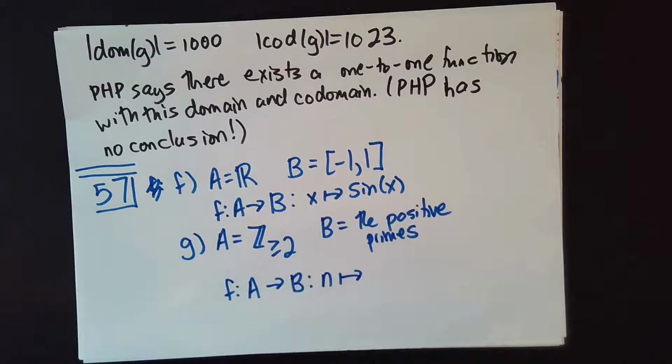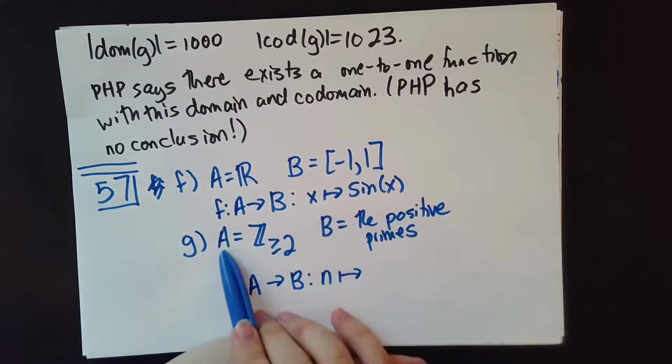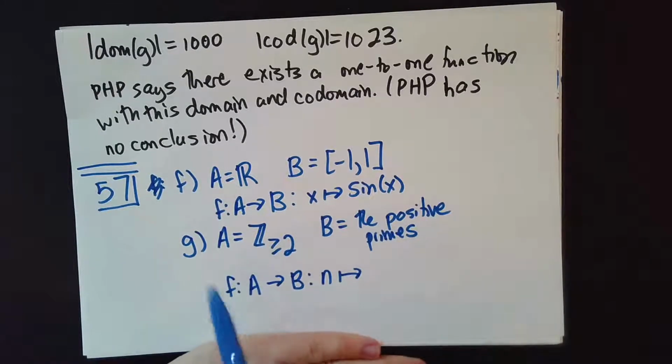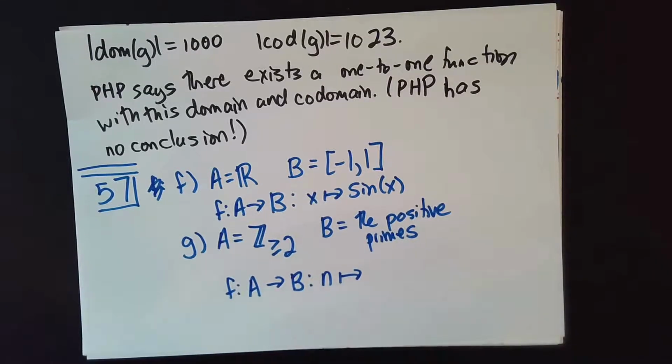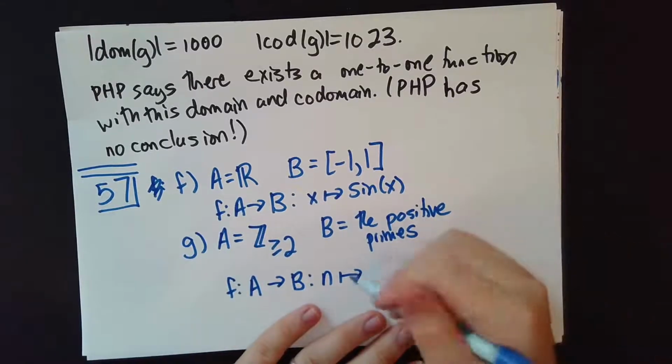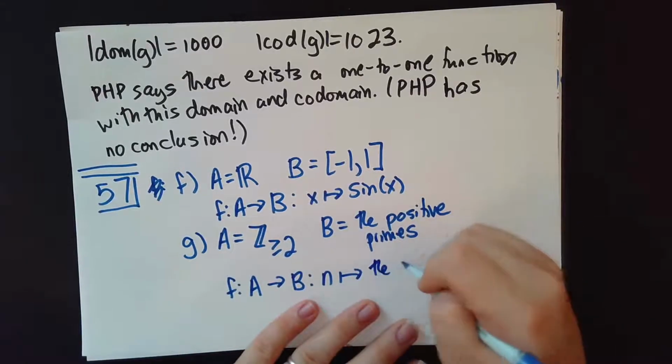Indeed, no one knows a reasonable formula that always outputs primes that looks like one of those sort of algebraic things. But I certainly know that every integer is related to primes. Namely, every integer factors into primes. And so if I were doing this, I would say send n to the largest prime factor of n.